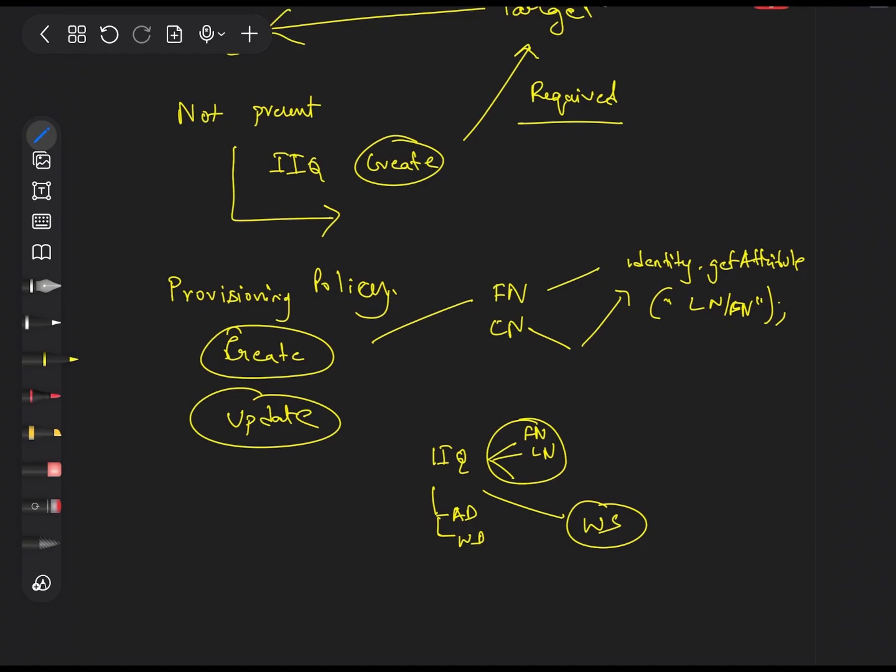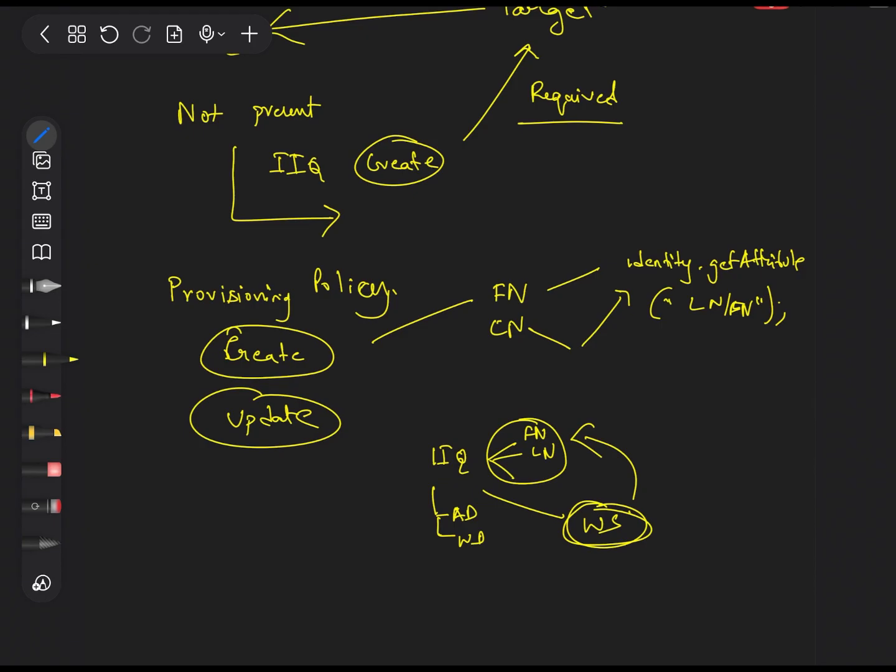When you are not present in that web service application, you can create a provisioning policy saying, when a create operation is triggered for a web service application, pick the details from IAQ, that is first name, last name and all, populate those values and send them to the target system during the create operation.